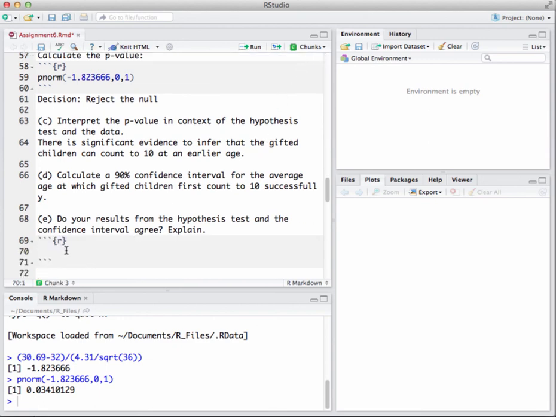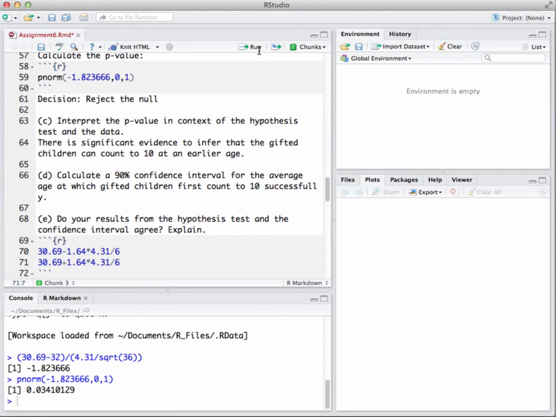Our lower number is 30.69, then a subtract, and then our z star, 1.64 times 4.31 divided by the square root of 36, which is 6. I'm going to copy that, paste it down here, and put a plus in.